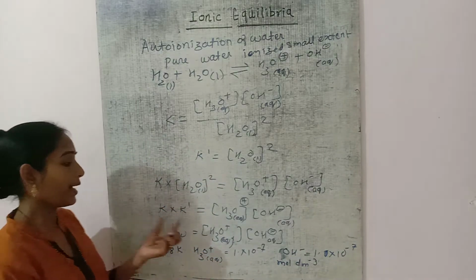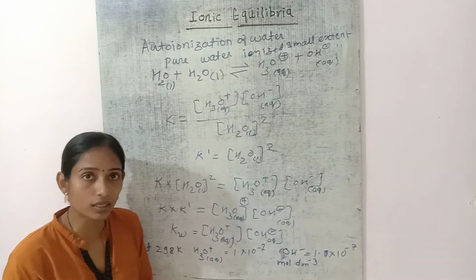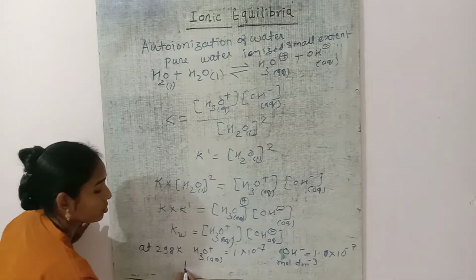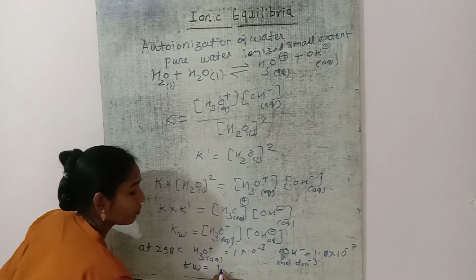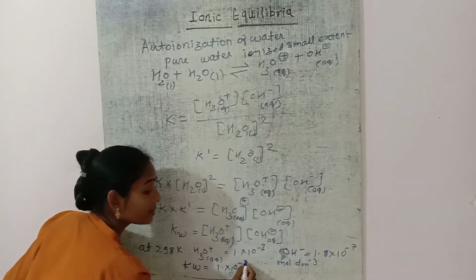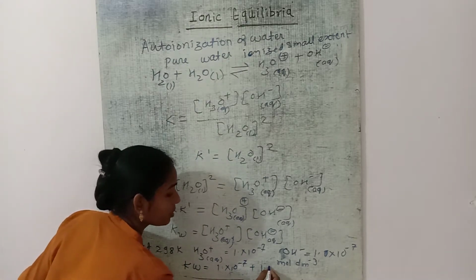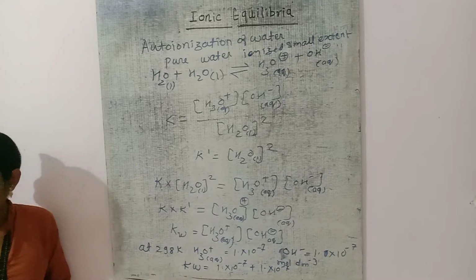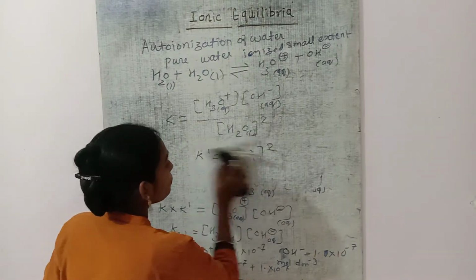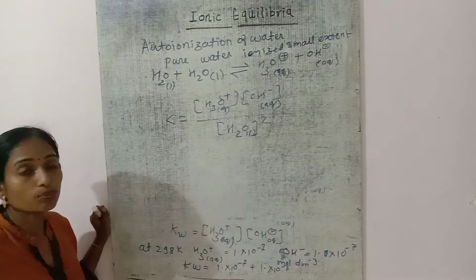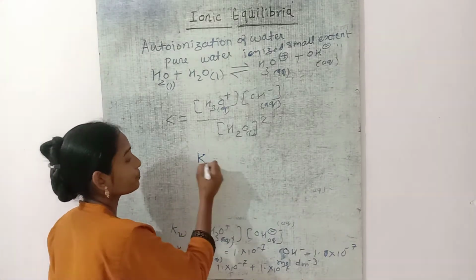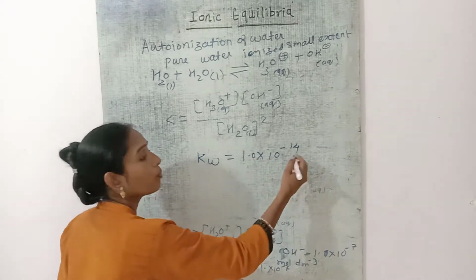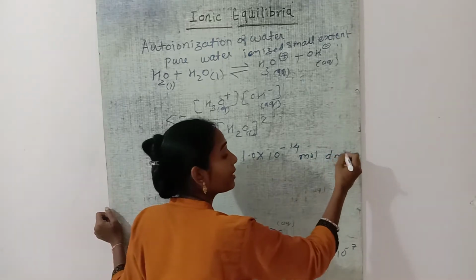The values of H3O+ and OH- ions are equal, since they are formed equally. So Kw is equal to 1.0 into 10 raised to power minus 7 times 1.0 into 10 raised to power minus 7, that is, Kw is equal to 1.0 into 10 raised to power minus 14 mole squared per dm cube squared at 298 Kelvin.